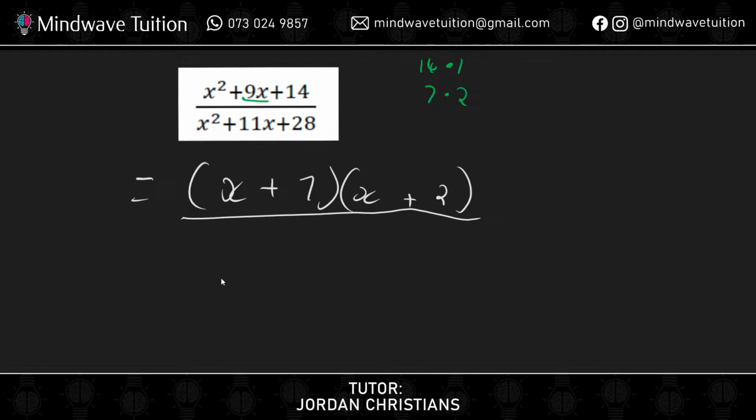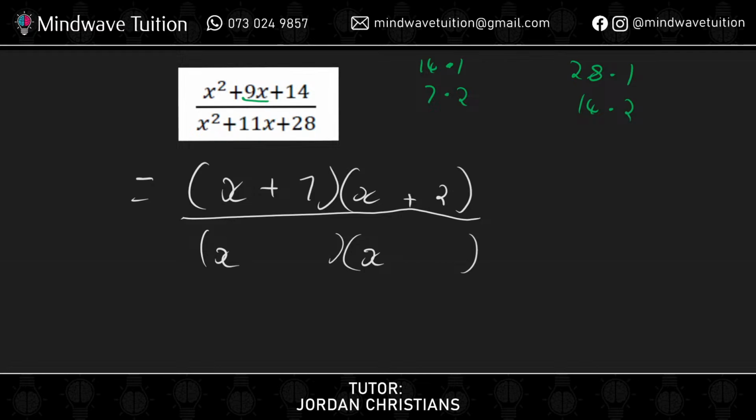Okay, so next we have x squared plus 11x plus 28. Again, two brackets because that's a trinomial, where the first part will be x, as that's an x squared there, and now we need to list the factors of 28. So 28 times 1, we have 14 times 2, 3 does not work.